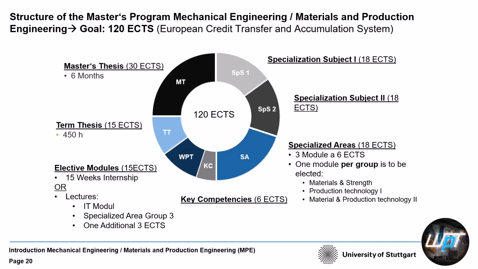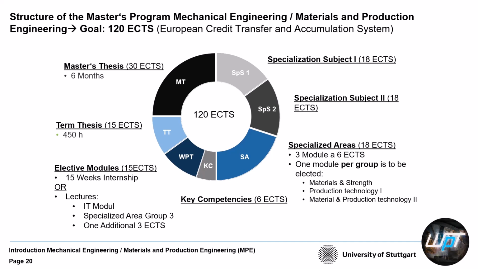Finally, we do have a kind of student works or term thesis, which gives additional 15 ECTS, around 450 hours. Normally, our students here select this thesis or the topic of this thesis in parallel to the lectures they enjoy.